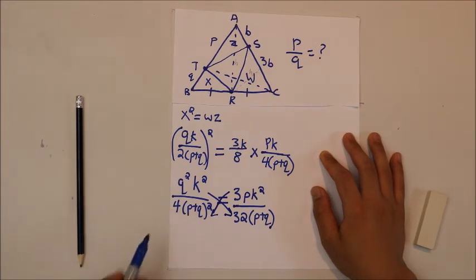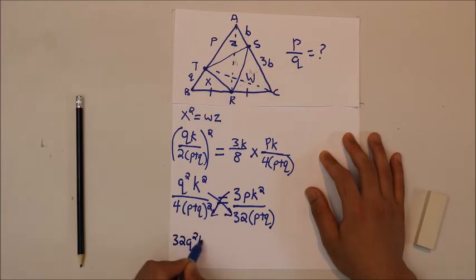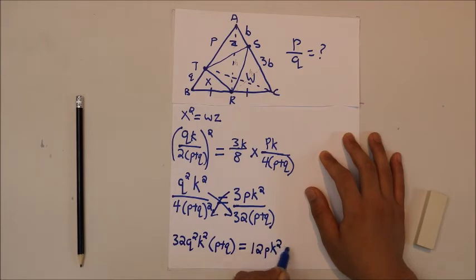So when we do that, we get 32 Q squared K squared times P plus Q is equal to 12PK squared times P plus Q squared.